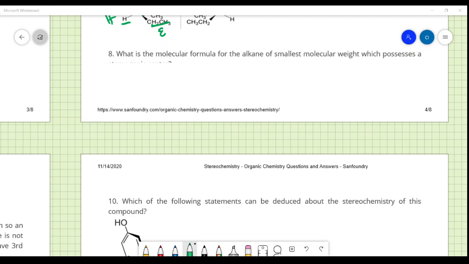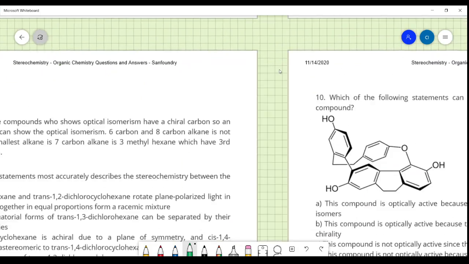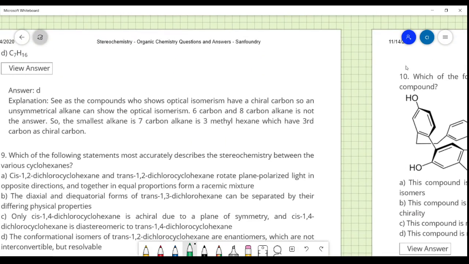Let's see. Question number 8: how many stereoisomers are possible for what is the molecular formula? Okay, I'll take up this question later. So it's not clear.